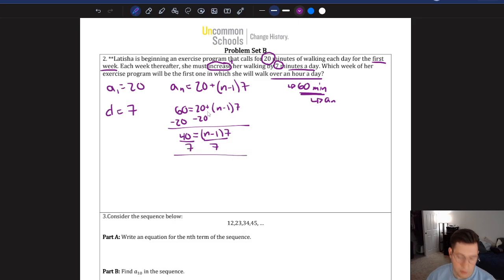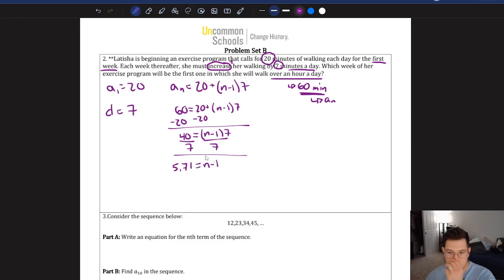And now, this is where we have to be careful, because we know for a fact that 40 divided by 7 isn't going to be a nice value. And so if you put this in your calculator, what you're going to find is that 40 divided by 7 is going to end up giving us 5.71, we'll call it. We'll round it. That's going to be equal to n minus 1.